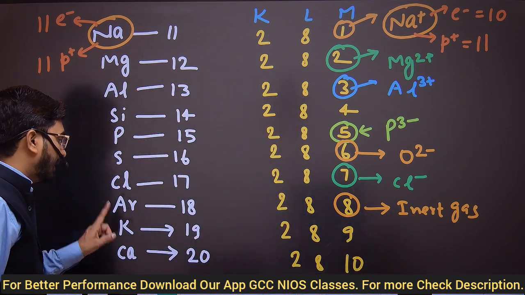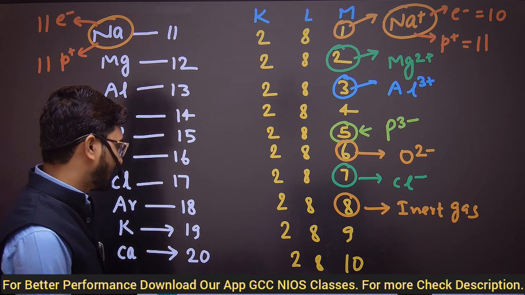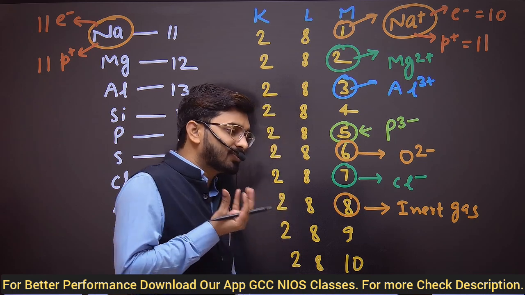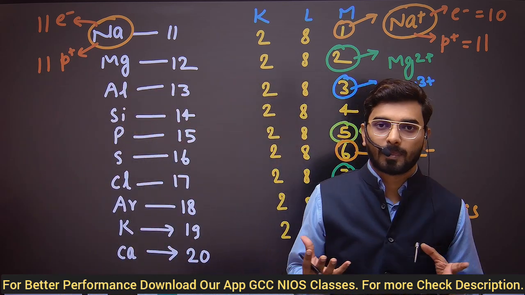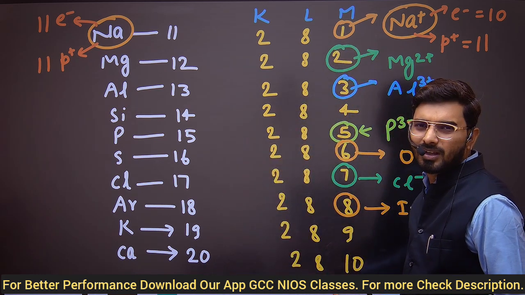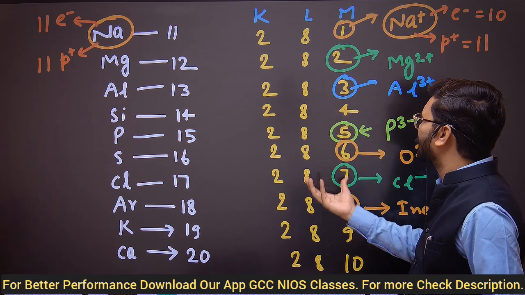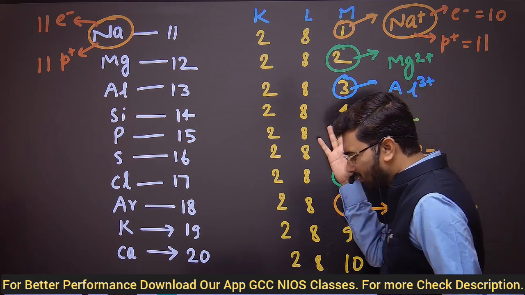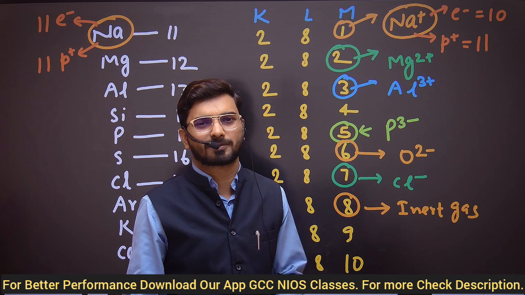But in the next, potassium, then calcium, in the case of potassium, it's written 2, 8, 9. 89 means what? It's very confusing. It's a simple way of electronic configuration, and all these things are contained in the syllabus of class 10, not class 11 and 12. This is not the level, not the standard of class 11, 12. That's the basic part.